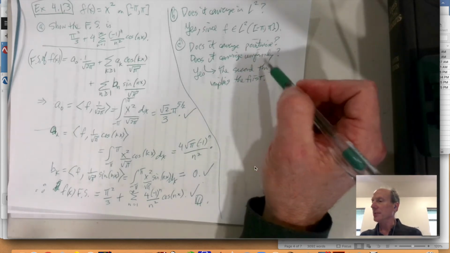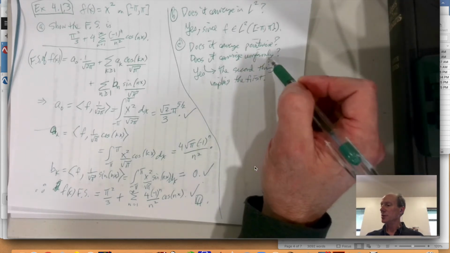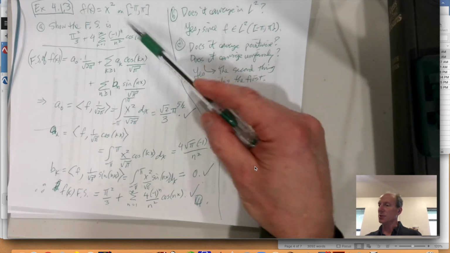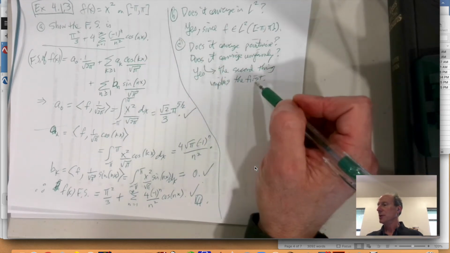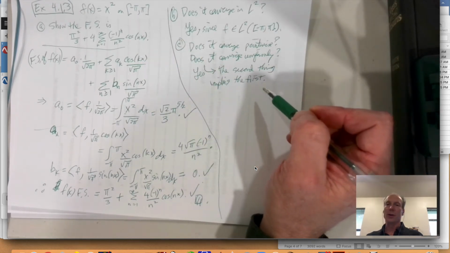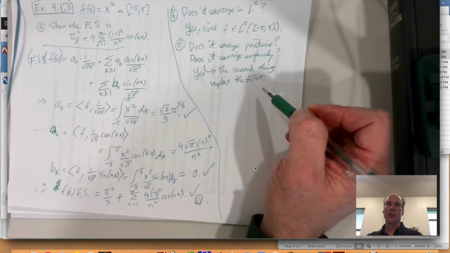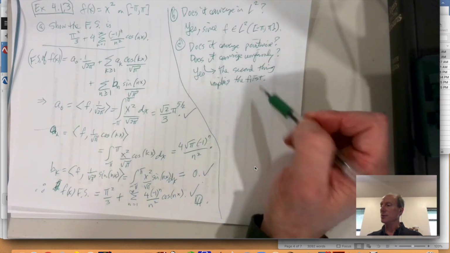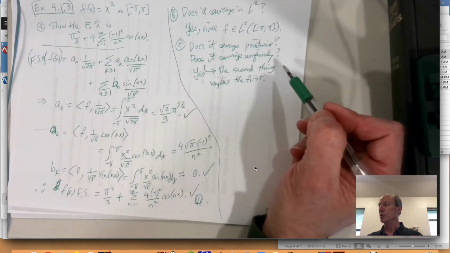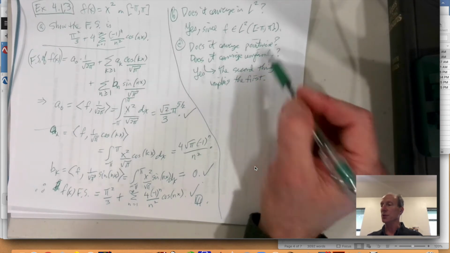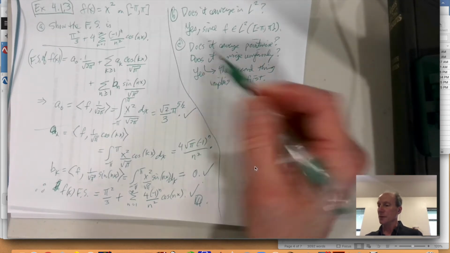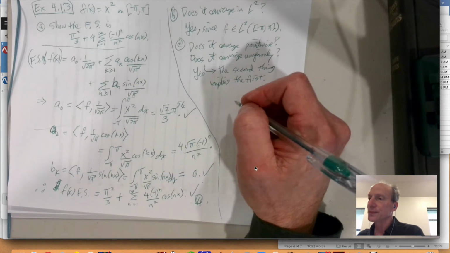So then it would actually converge to a continuous function, and this is a continuous function. Therefore, since it converges in L2, it also has to converge pointwise. So whenever you get uniform convergence of a Fourier series, it does converge pointwise, if it's to a continuous function.